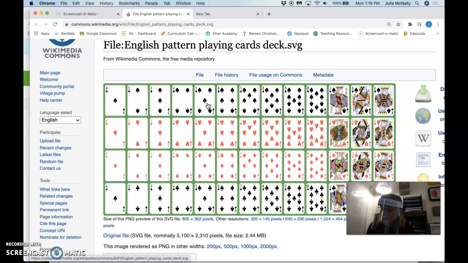So the probability that we will pull a 5 is 4 out of 52. We could reduce that by dividing both of them by 4, and we would get a 1 out of 13 chance. So for every 13 cards you pull, one of them should be a 5, technically, according to probability rules. So let's keep going with number 5.